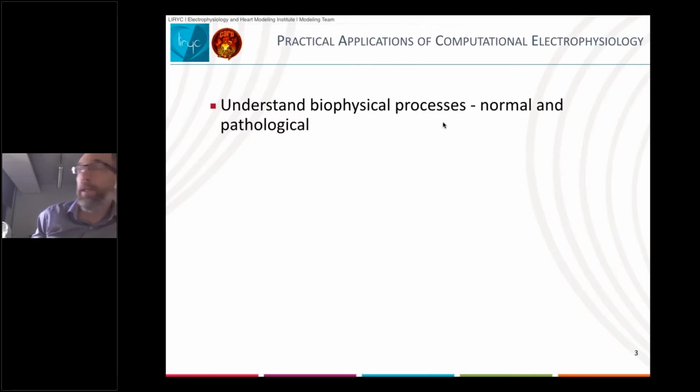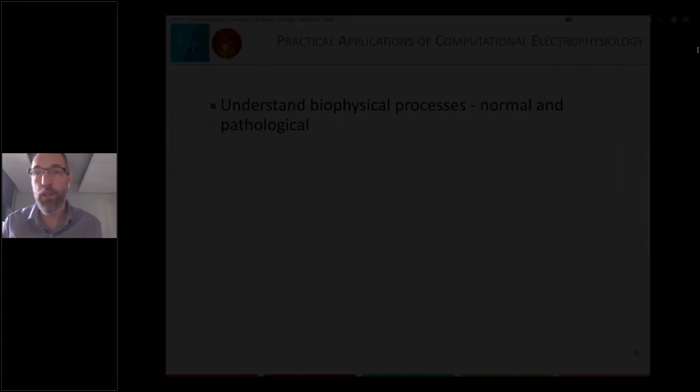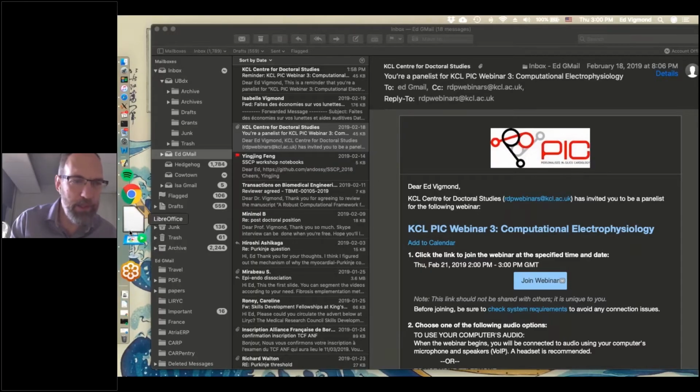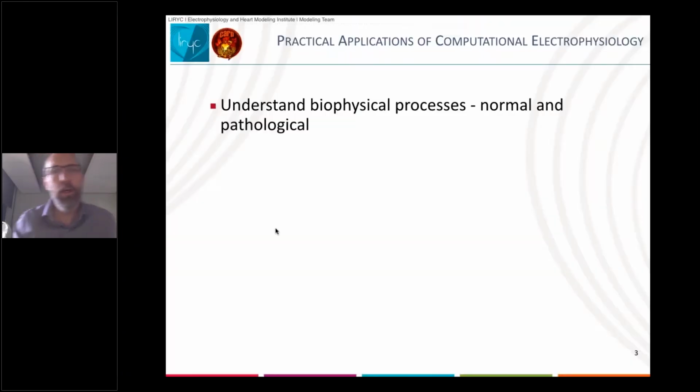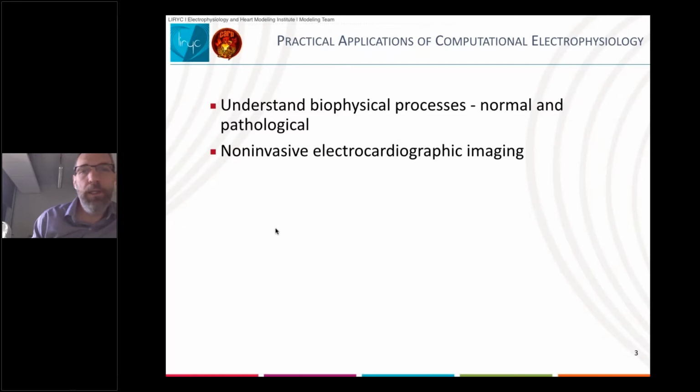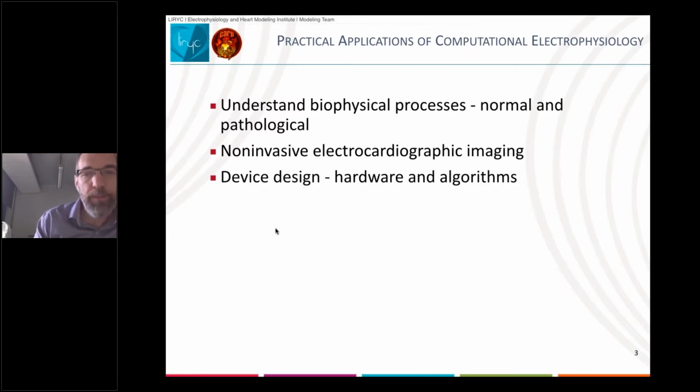So what are some of the aspects of computational electrophysiology? What can we do with it? We've been using it to help understand biophysical processes, both normal and pathological. It's also been used a lot in non-invasive electrocardiographic imaging, as in the whole ECGI is based upon it.